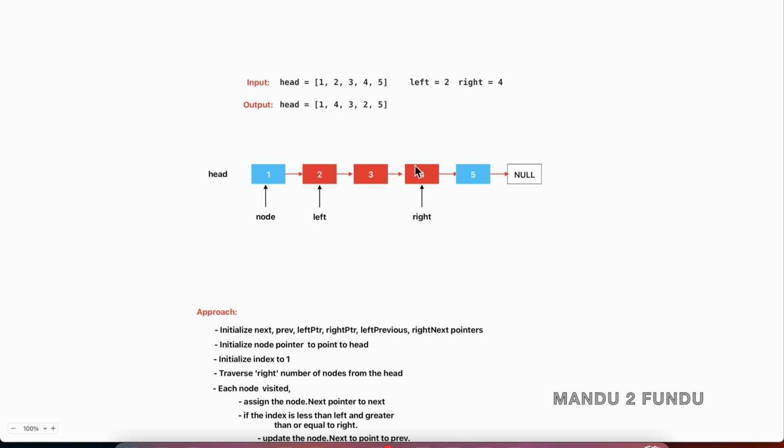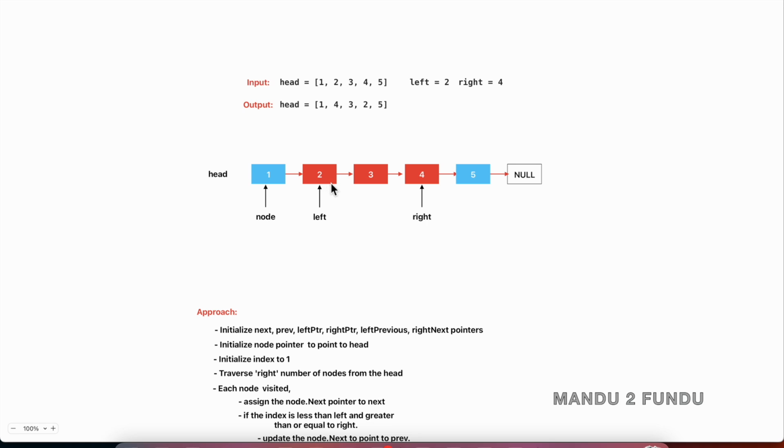The moment we reach the node at position right, we stop the traversal and manipulate the links of the left previous node, the left node, the right node and the right next node.